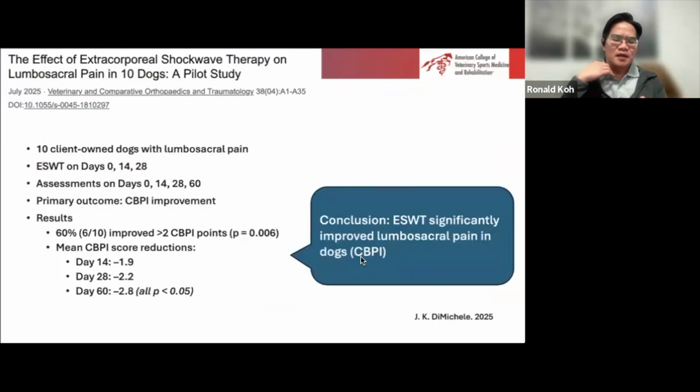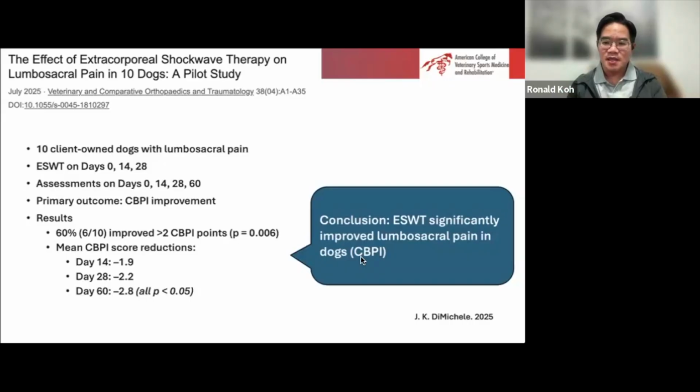Now, when it comes to dogs, we don't have a lot of literature on using modalities for IVDD, except for acupuncture. This is actually the newest study that came out this year. I still haven't been able to get the full paper, but this is the abstract.